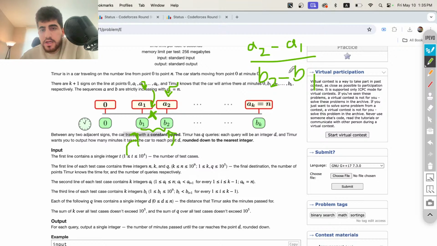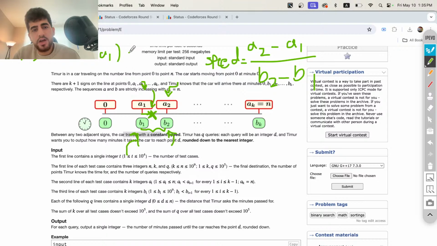So I can say that between these two signs, this is my speed. And I know that when I want to go from A1 to x, the distance is x minus A1, and I need to divide it by my speed.